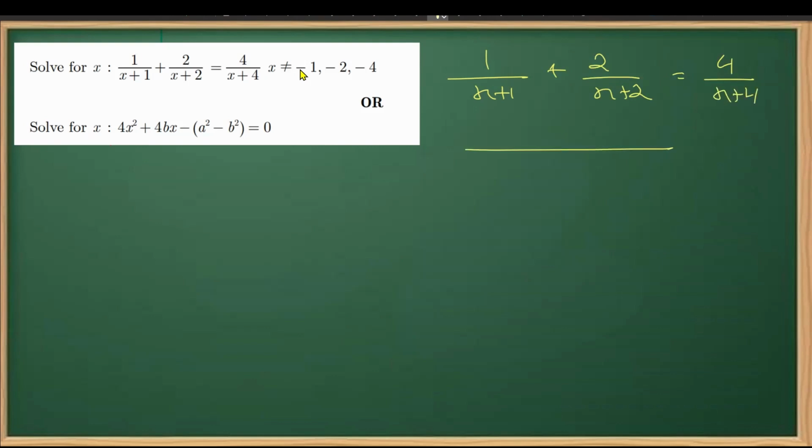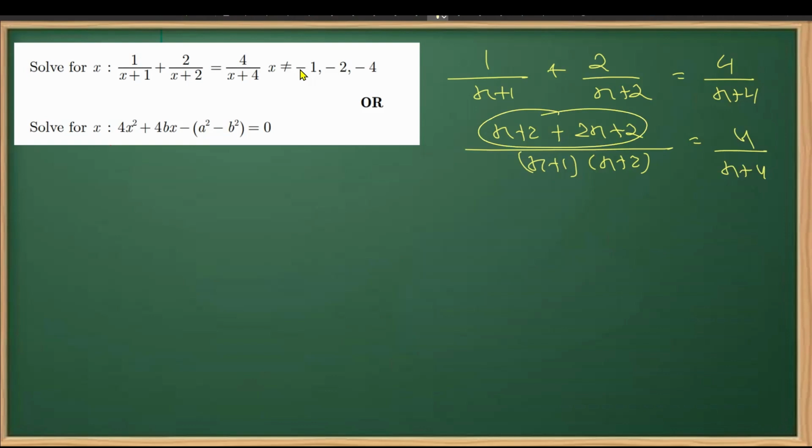Now if I take LCM, it will be the product of these two, that is x plus 1 into x plus 2. So 1 multiplied by x plus 2 is x plus 2, and 2 multiplied with x plus 1 should give you 2x plus 2. Further, we'll write the RHS as it is.